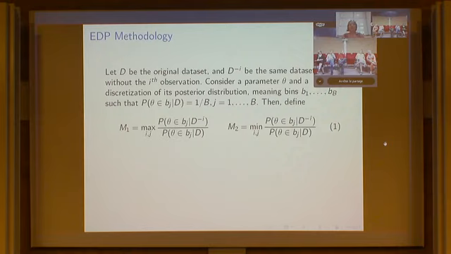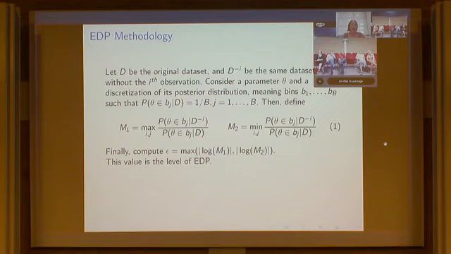How the posterior changes is measured in terms of difference in probabilities in some discretization of the posterior distribution. Then you compute the max of the log of M1, M2, and this you call epsilon. This value is the level of empirical differential privacy, which is considered to be an estimate of differential privacy. And you don't have to think about this ahead of time. You can do it with any data set and any model you're interested in.